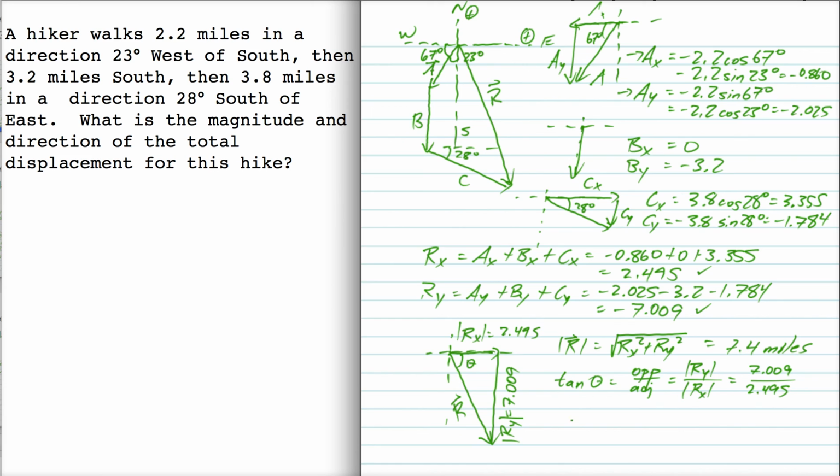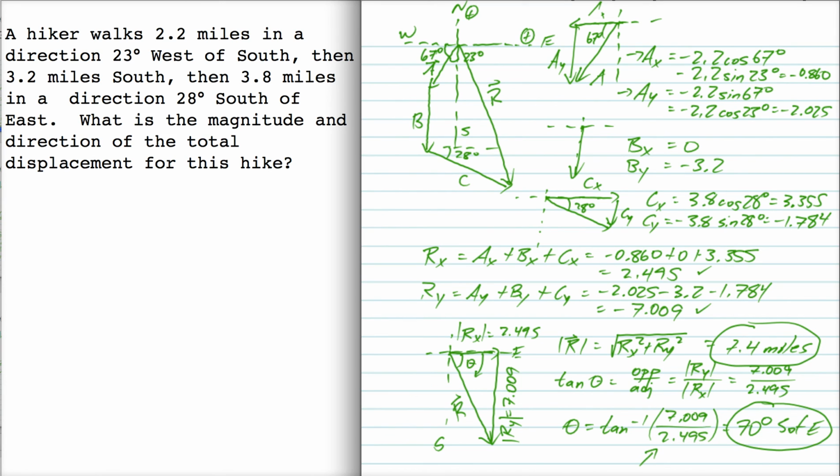So theta is equal to the inverse tangent of this ratio, which is 70 degrees. And we're 70 degrees, here's east, and here's south, so we're south of east, right? So there's the magnitude and there's the direction.